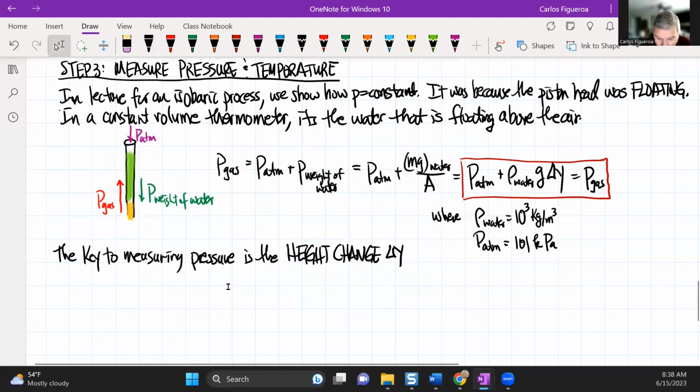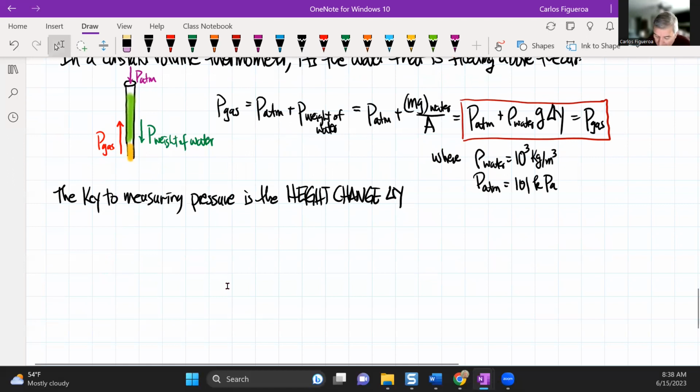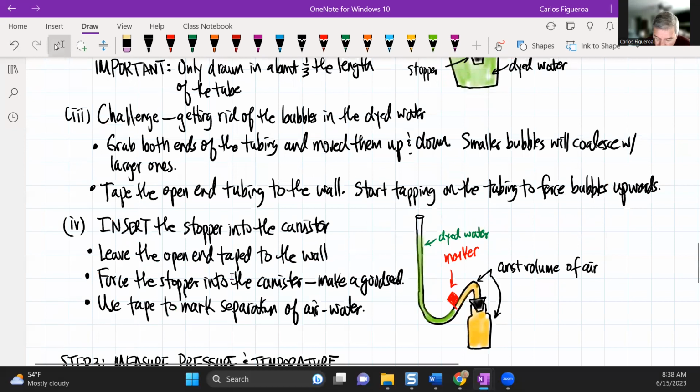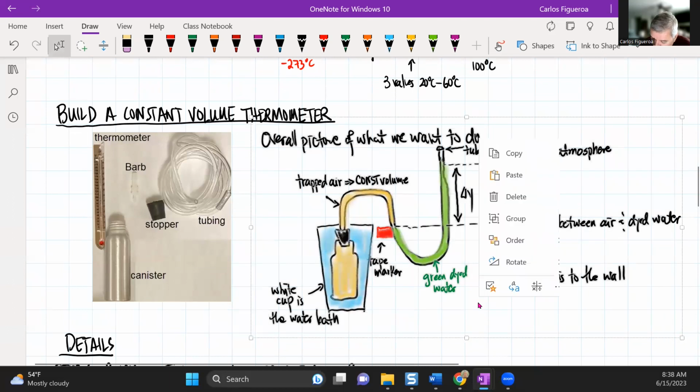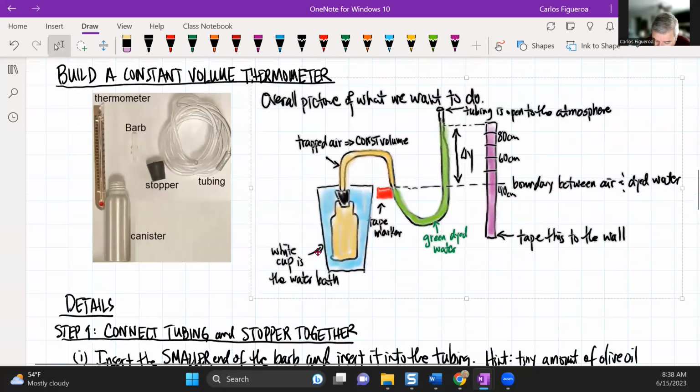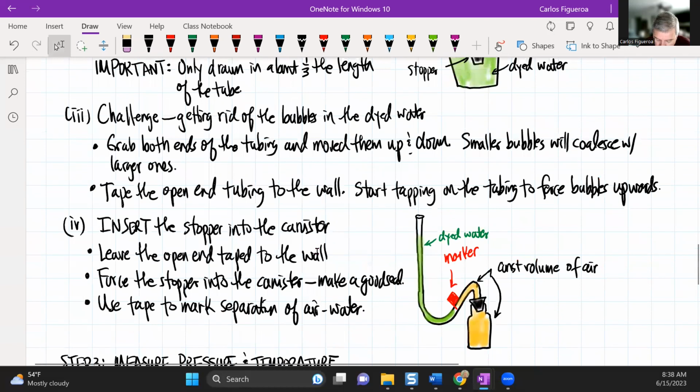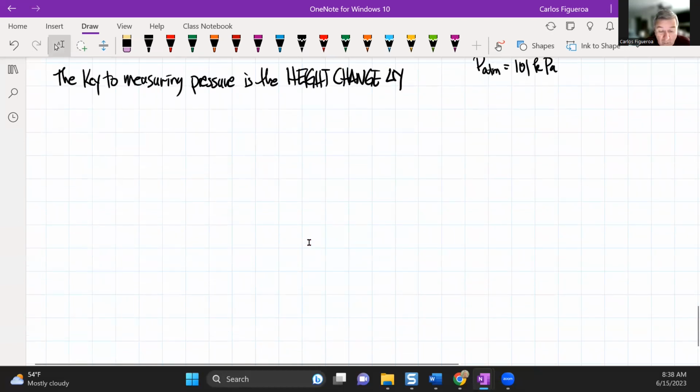So now, how do I set up my measurement process? I'm going to come all the way up here and grab this guy right here. And then I'm going to modify it so that we can actually see what we have here. So now we want to measure height differences.